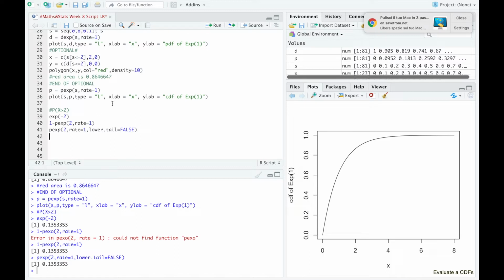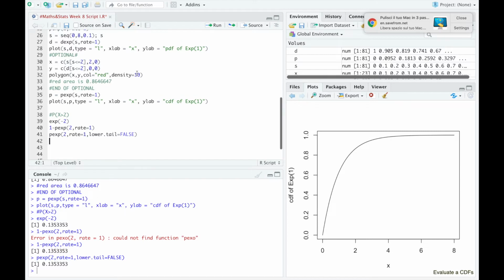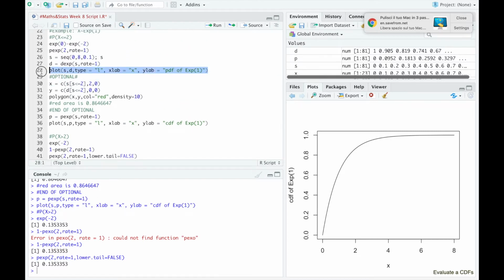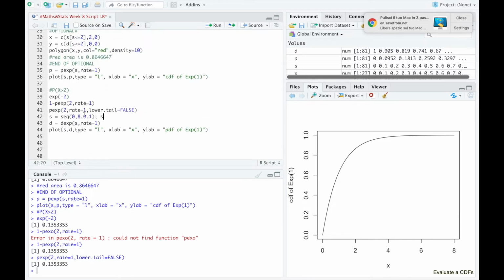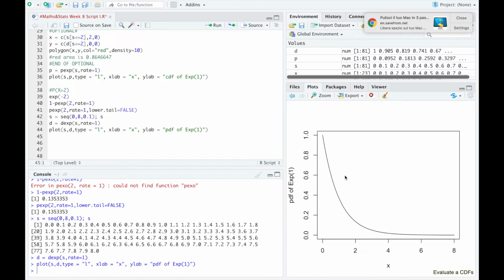And of course, if we look at our density plot that we had here, let me plot this again. Great. So this time, if we want to visualize the area we are computing, x will be the s such that s is strictly higher than 2.